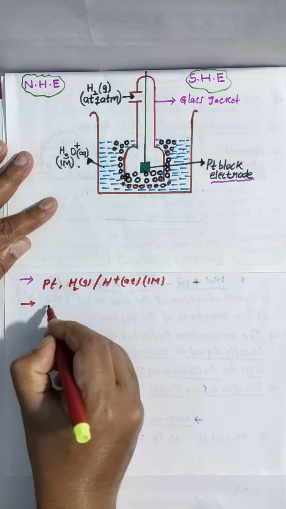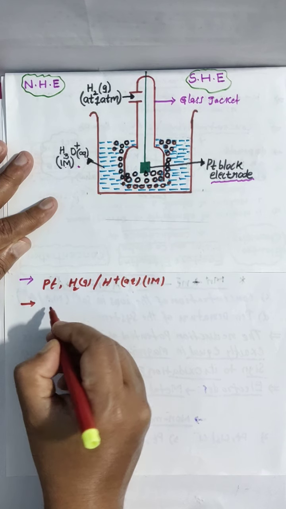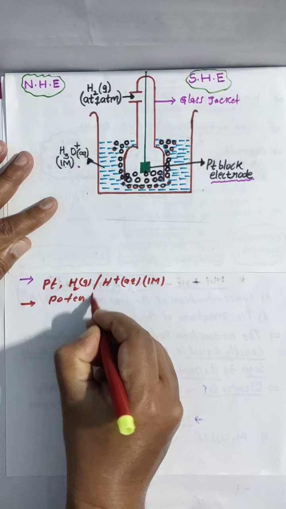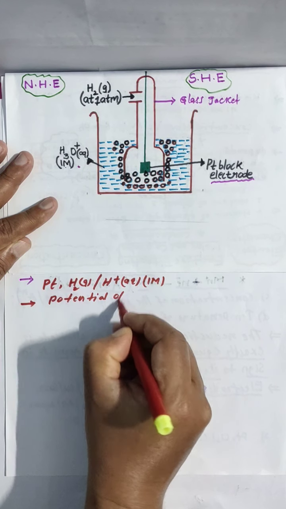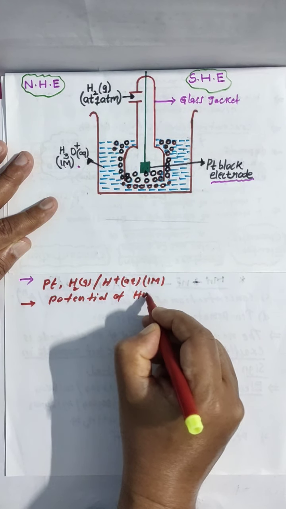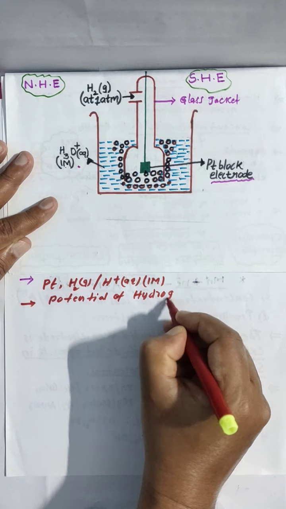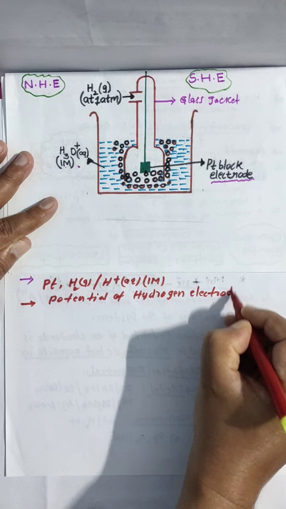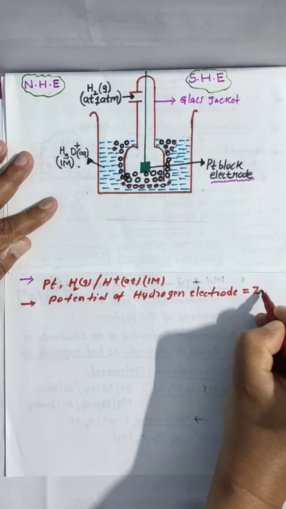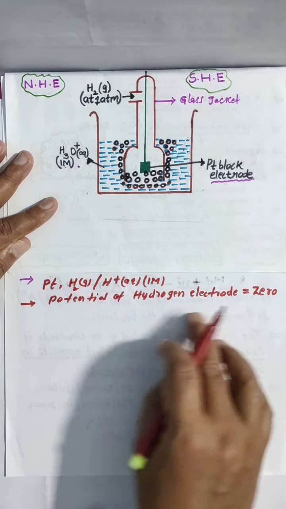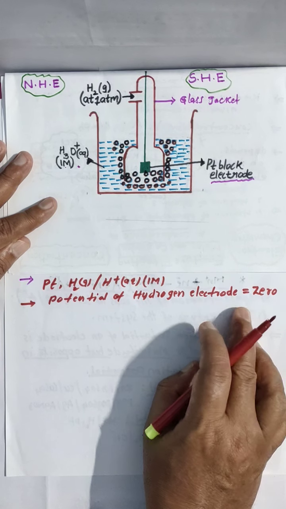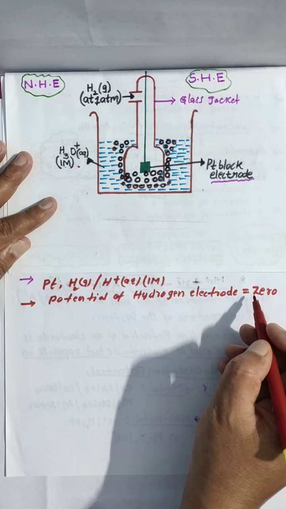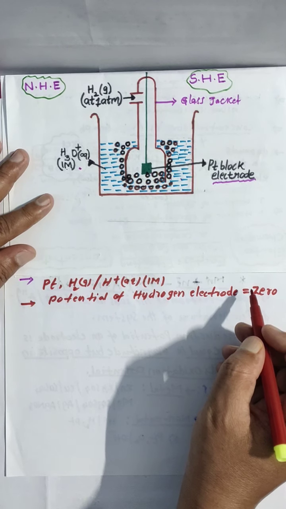And the potential of the hydrogen electrode is always 0. It is practically given data. Clear? The potential of the hydrogen electrode is always 0. These are the conditions here.